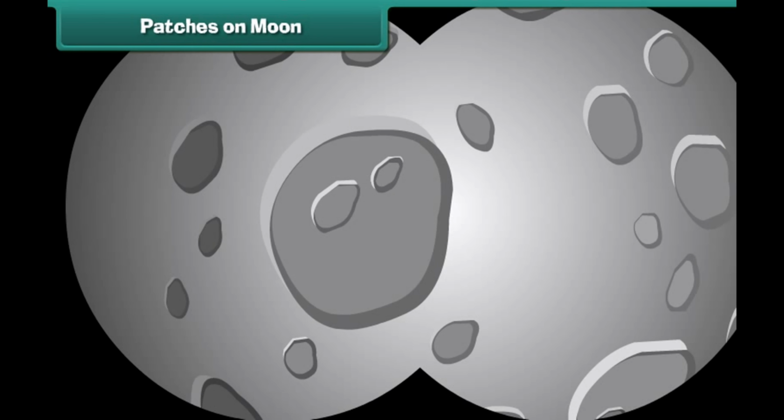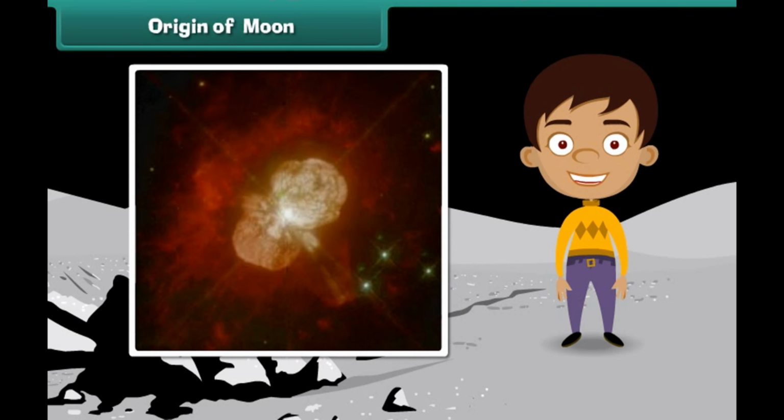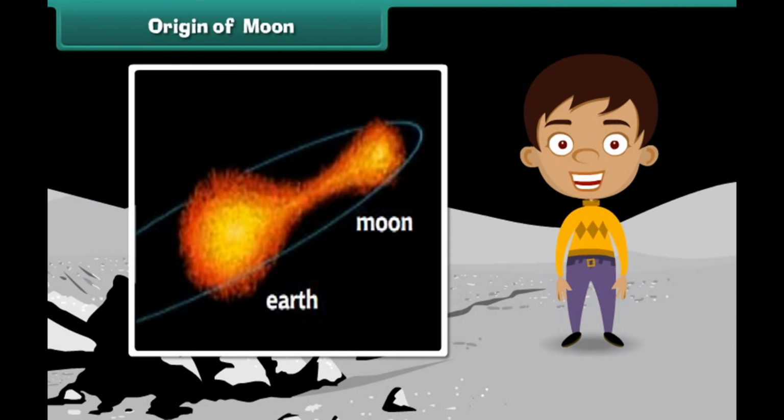Well, a lot of debate has been held on how the moon got its origin. Some scientists believe that it might have formed along with the Earth from the initial cloud of gas and dust that formed our solar system. Another idea is that the moon was once a part of the Earth and then broke off for some reason.